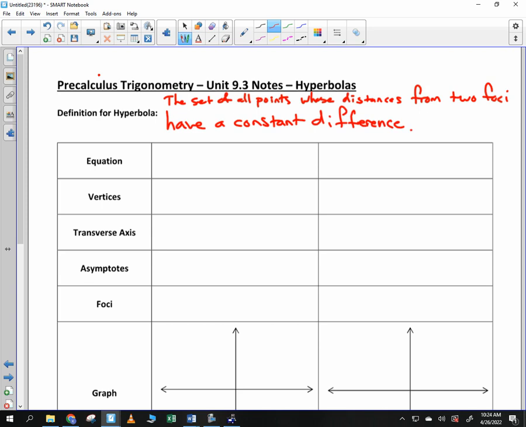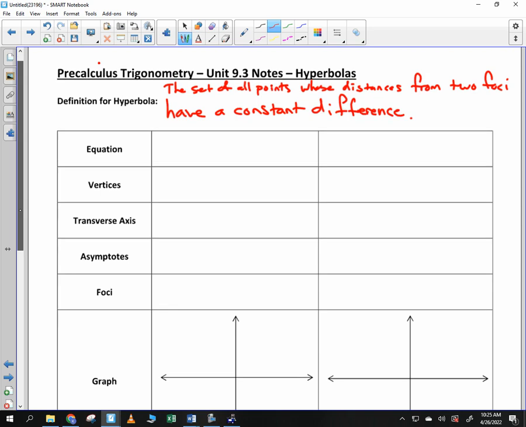So what was yesterday's? Have a constant sum. Today is a constant difference, and that creates a hyperbola.